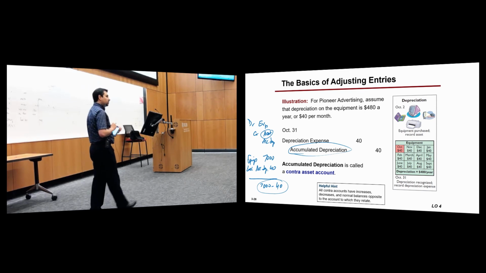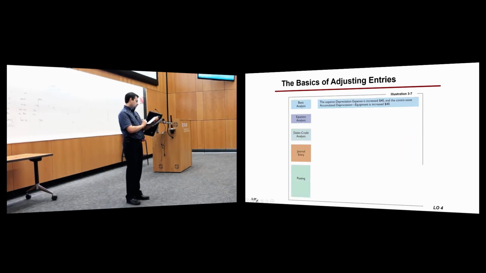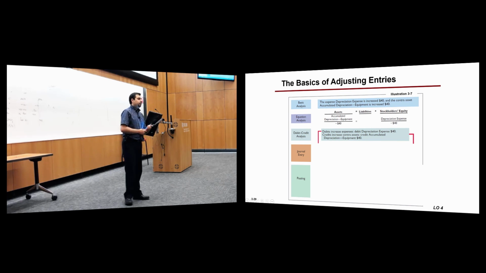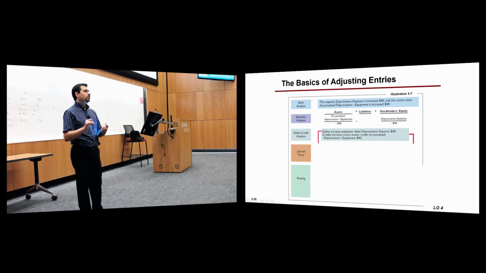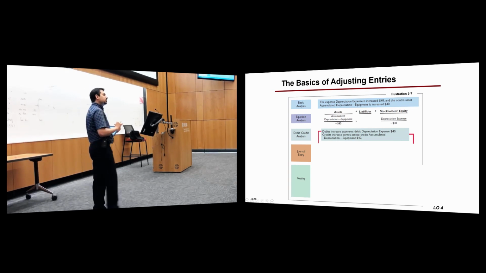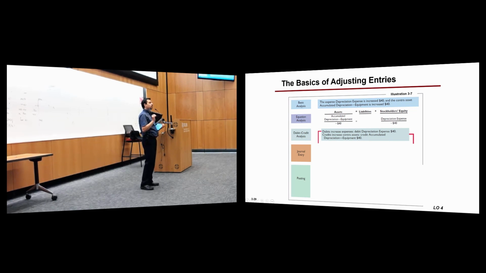You're still confused. We'll see that again a little bit soon, in a few months. For now, just bear with me. Whenever you have depreciation, don't credit the asset, because that would violate the cost principle. Credit accumulated depreciation.